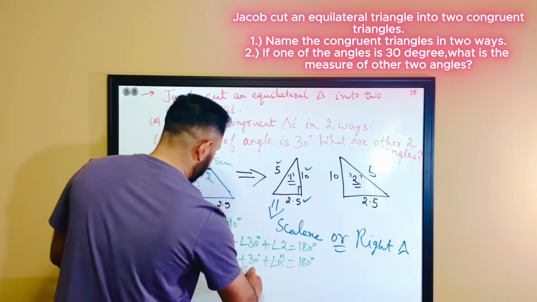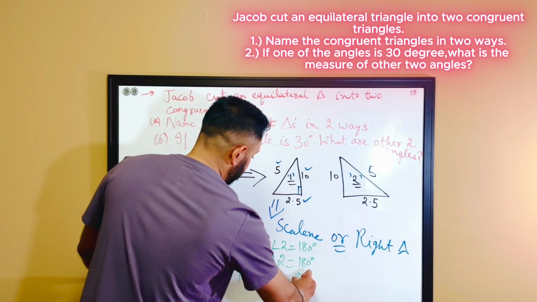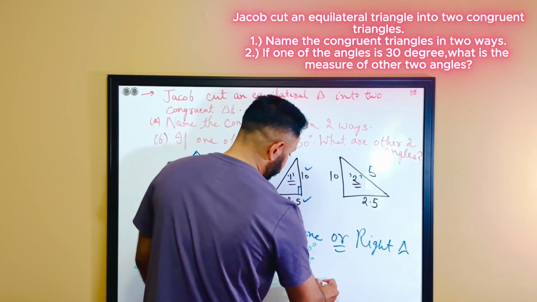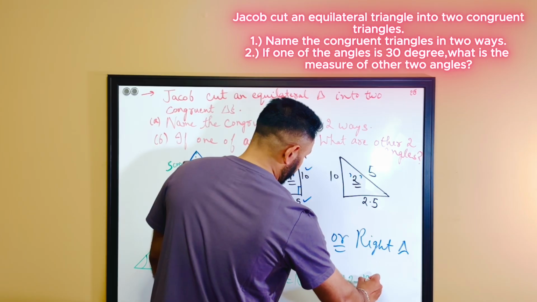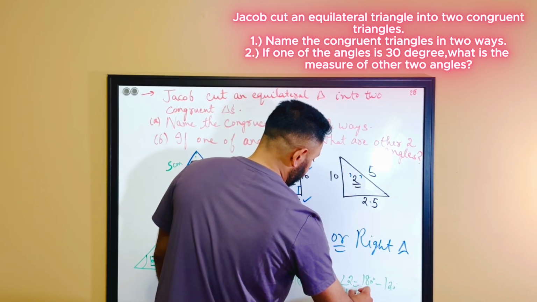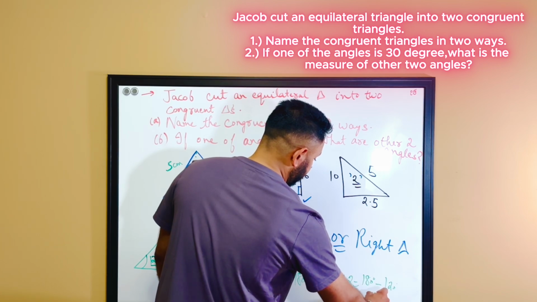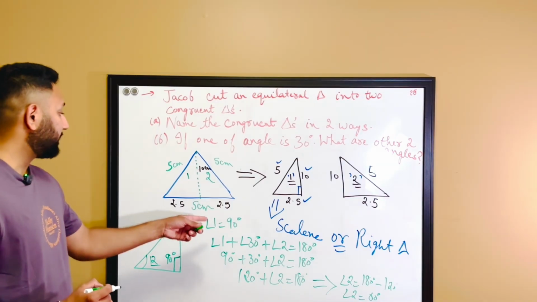So 120 plus angle 2 is 180. This implies angle 2 is 180 minus 120, so it comes out to be 60 degrees. So our second angle is 60 degrees and our first is 90 degrees.